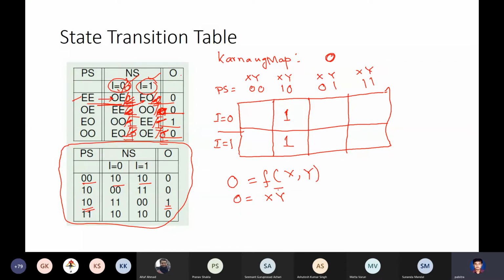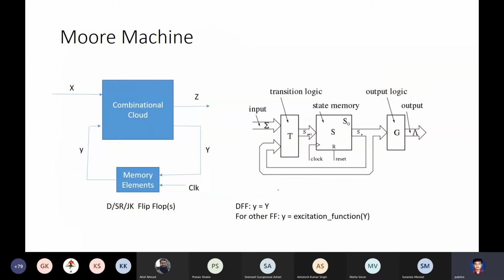Okay, now let us see the transition function. Let us see what is the implementation of the transition function. So let's try to remember the Huffman model. Let me quickly tell what it is.